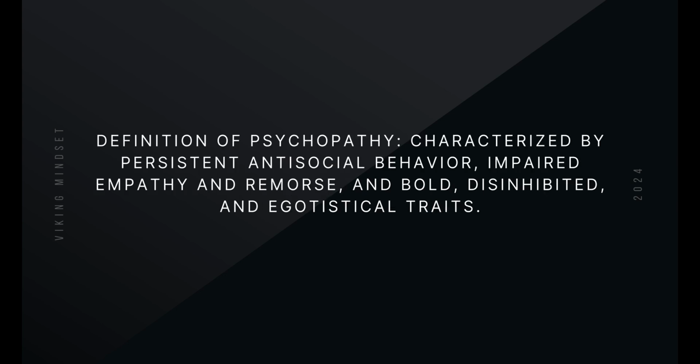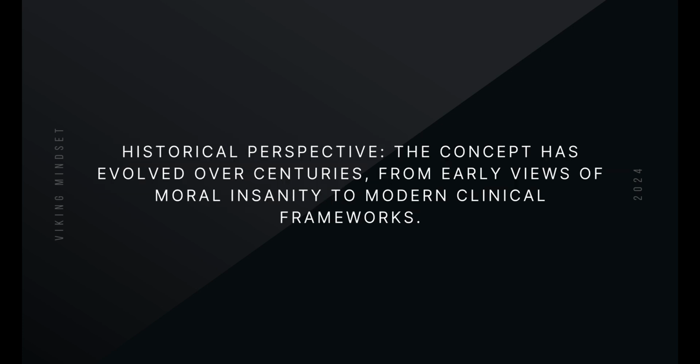So, to define psychopathy, this disorder is characterized by persistent antisocial behavior, impaired empathy and remorse, and bold, disinhibited, and egotistical traits. From a historical perspective, the concept has evolved over the centuries from early views of moral insanity to modern clinical frameworks.